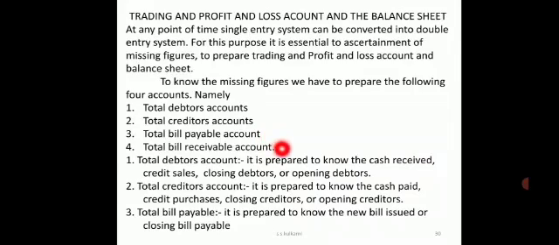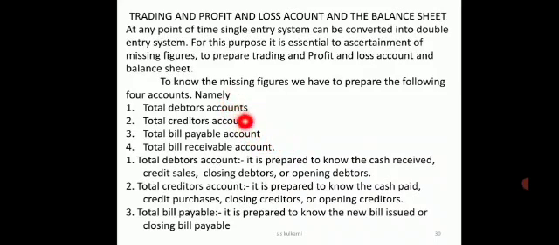And the last one is the bills receivable account. Now bills receivable account is prepared to know the opening bills receivable or the closing bills receivable or the bills receivable dishonored or new bills issued or the amount of bills that are being received during the year, that is, cleared bills during the year.